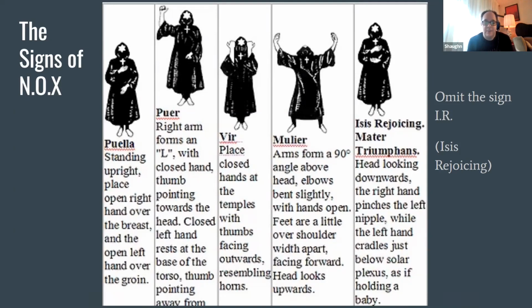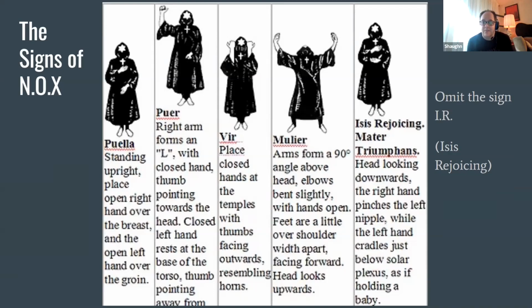Closed left hand rests at the base of the torso, thumb pointing away from the body. Then the sign of vir, which is man: place closed hands at the temples with thumbs facing outwards resembling horns. I think one of the most famous images of Crowley is in the sign of vir.